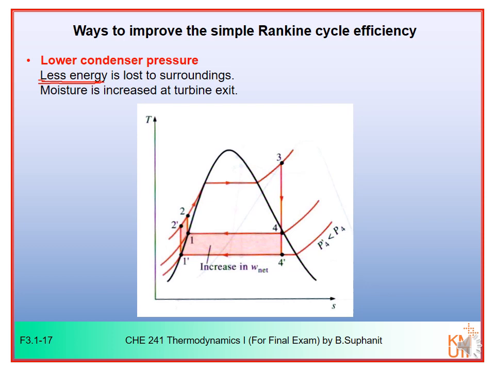But the disadvantage is that the turbine exit here will have more liquid formation. X4 prime will be less than X4, which means that you have more liquid at the turbine outlet.